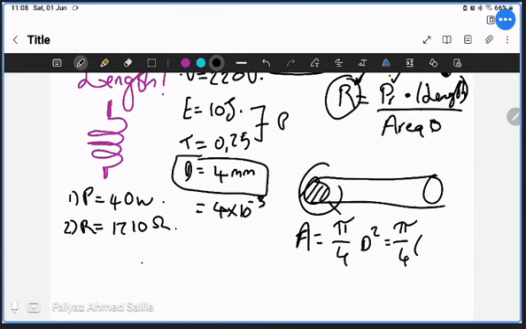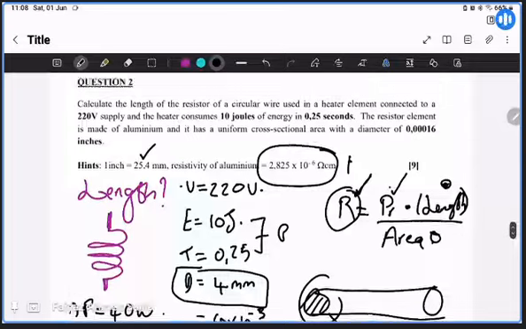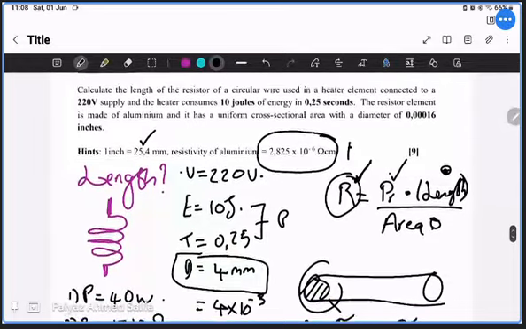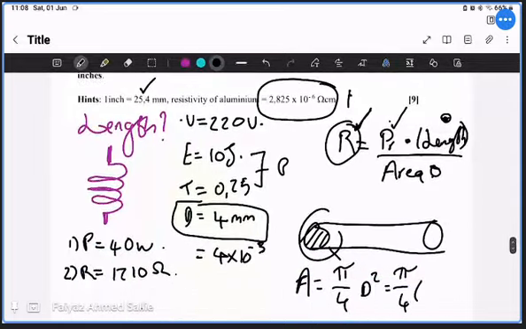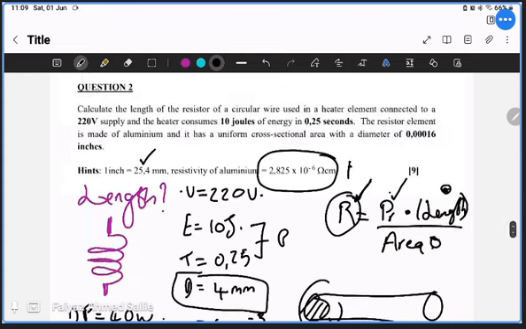Wait, let me just double check this quickly. Okay. Meters, right?